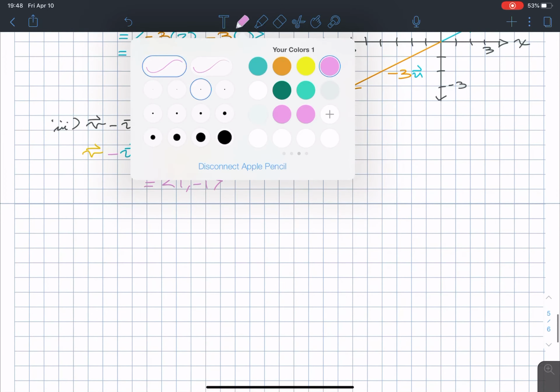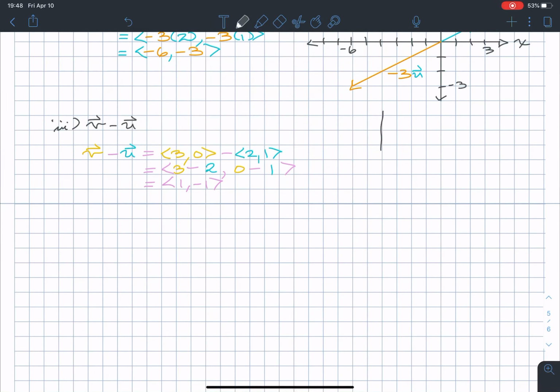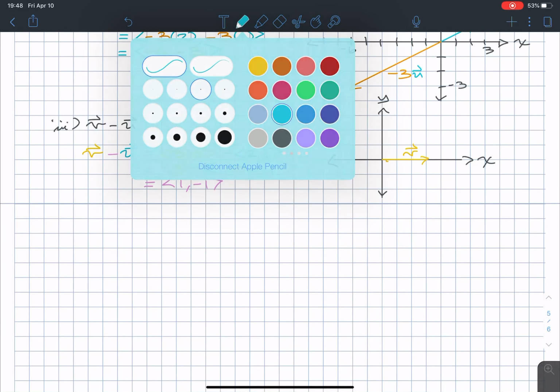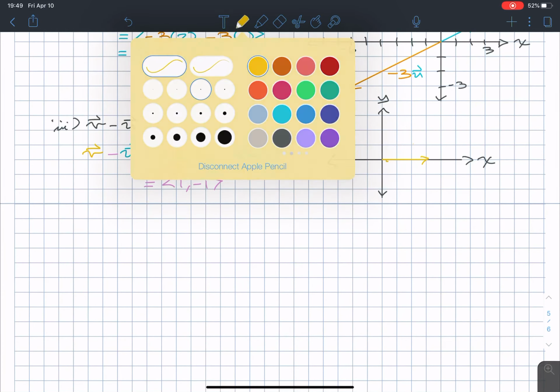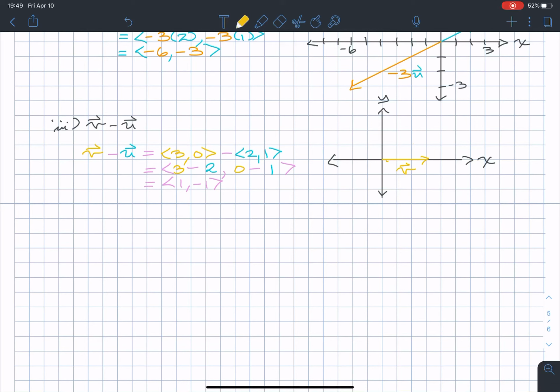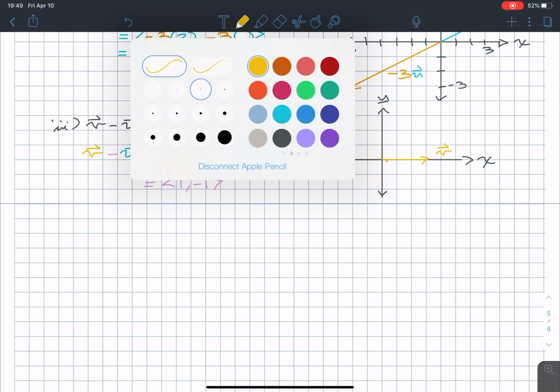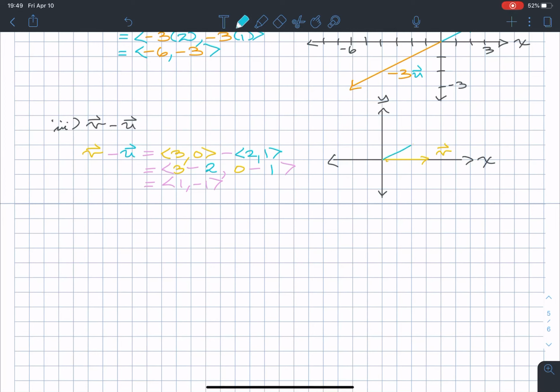Okay, so let's see. X and y coordinate axes. We have vector v to the right 3, and vector u, of course, is 2, 1 over here.